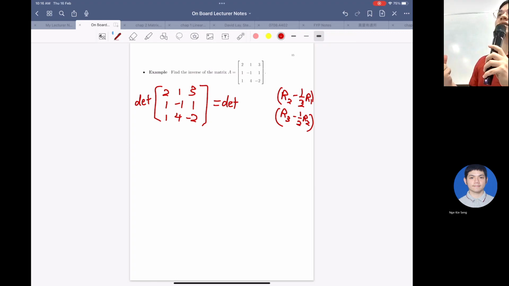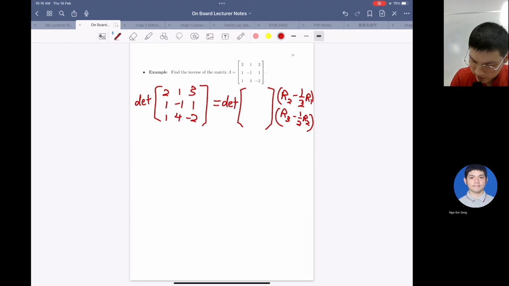If you interchange rows, the determinant will change by -1. If you scale one row, the determinant will differ by that scalar. So if I do these two row replacements, I don't change my determinant. So the determinant of this matrix is equal to the determinant of this row reduced matrix. What do I get for the second row?